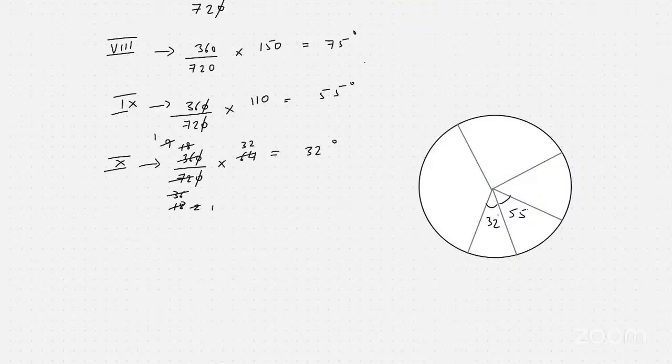Next one we will mark 75 degree. Next one is 90 degree. And then the biggest one will be 108 degree. This is the pie chart.